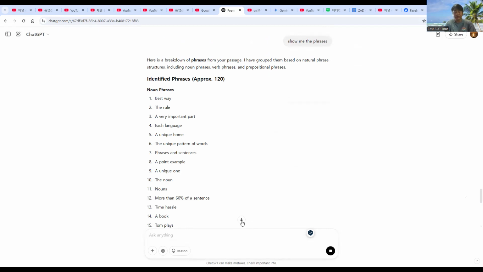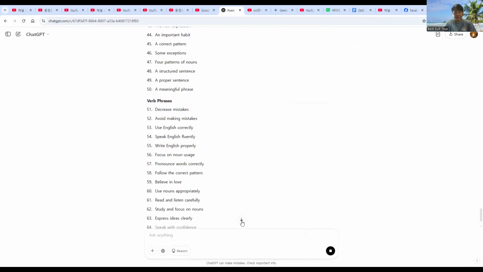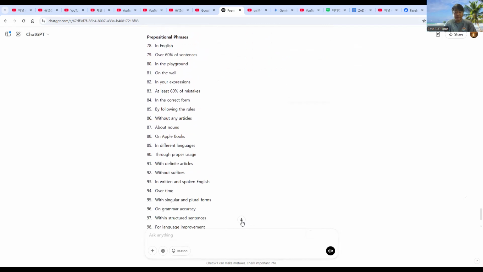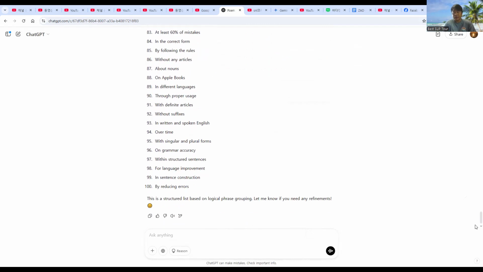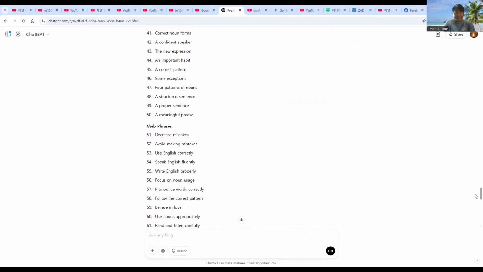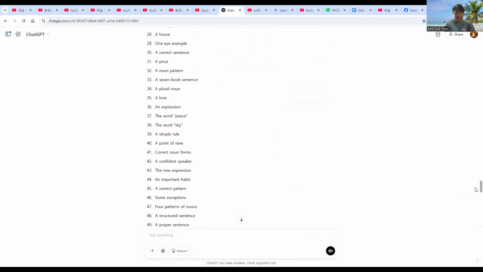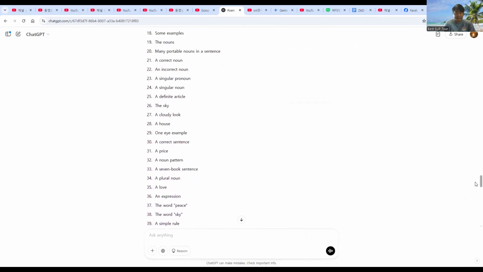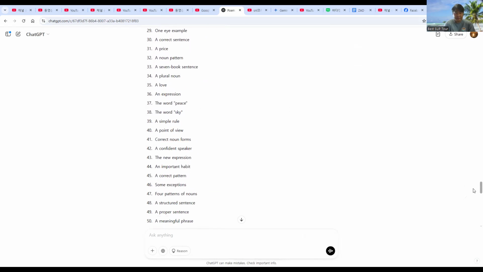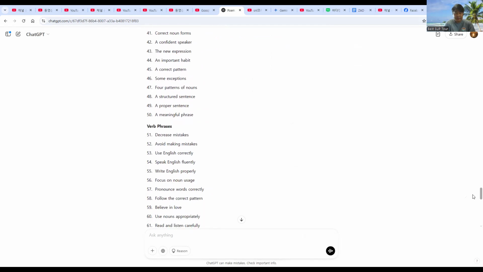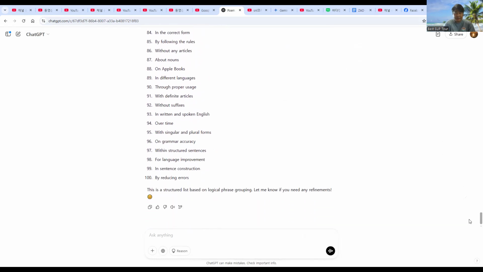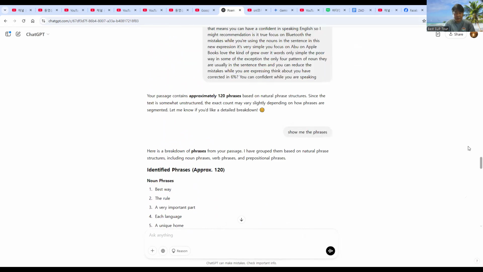This is a very important 120. While we're using the phrase is a very key word in noun phrases, verb phrases, prepositional phrase, 100.